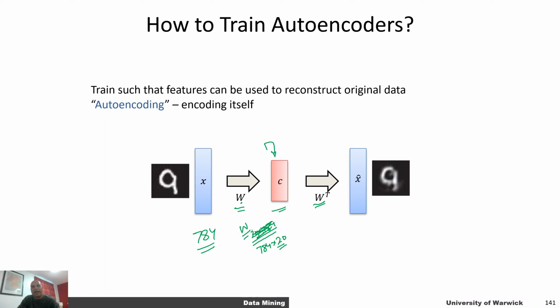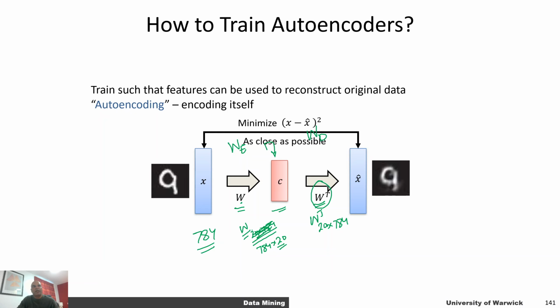Then you can go back to your reconstruction of your input example by multiplying with the transpose of the same weight matrix. This is called a symmetric autoencoder because you use essentially the same matrix in both the encoding and the decoding blocks. That is not a requirement. You can use an encoder matrix and a decoder matrix that are completely different from each other. So you get a lower dimensional representation and you minimize that error, and that's how this weight matrix is learned.